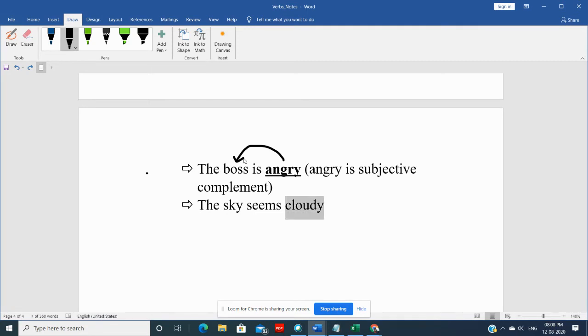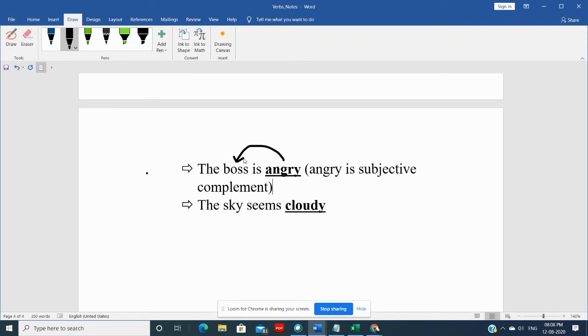So, cloudy becomes your complement. But what kind of complement is it? Is it a subjective complement or an objective complement? The word cloudy tells us something about the subject, again sky.